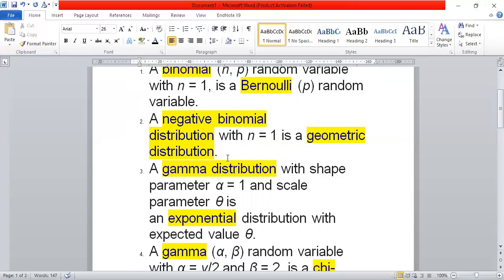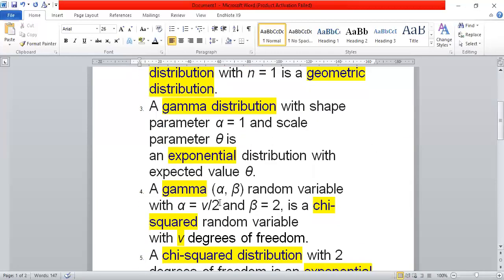Again, a gamma distribution with alpha equal to v by 2 and beta equal to 2 is a chi-squared random variable, continuous to sampling distribution. When the shape parameter is v by 2 and beta is equal to 2, the gamma changes into the chi-square distribution, where v is the degree of freedom.